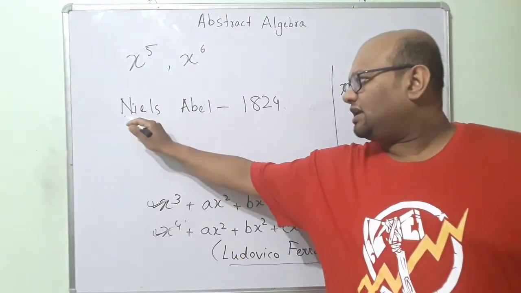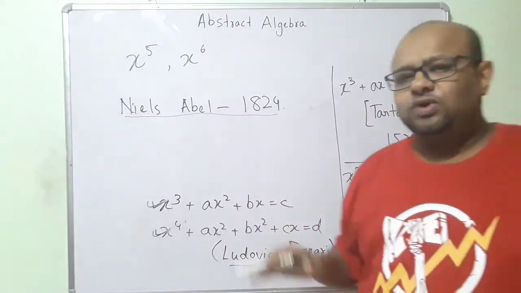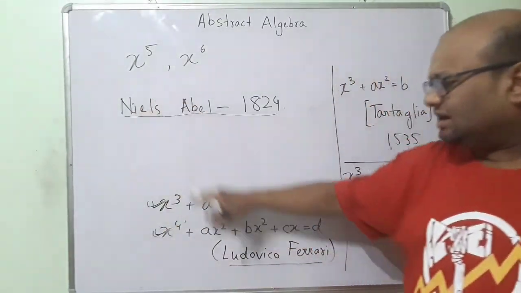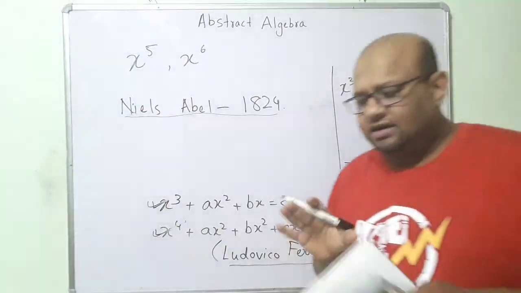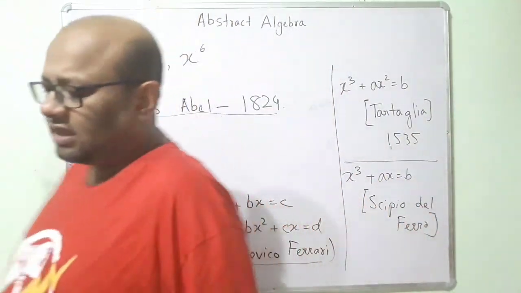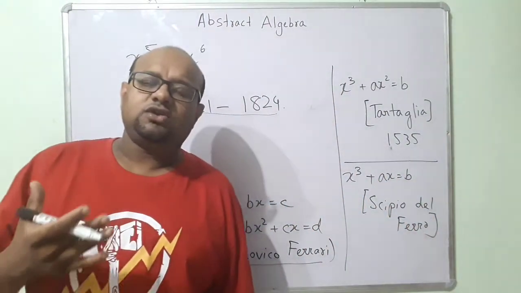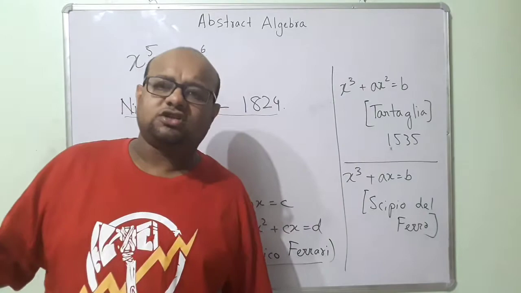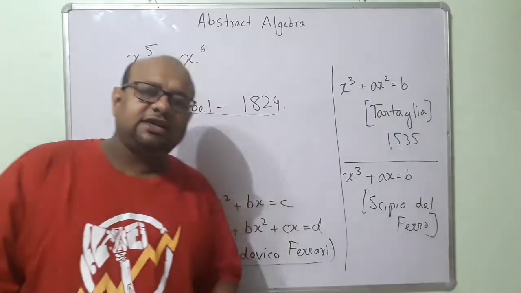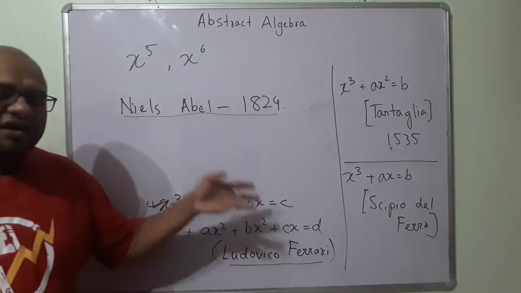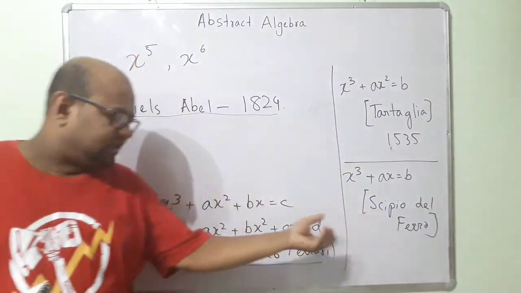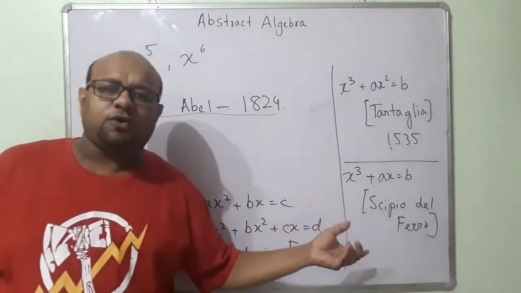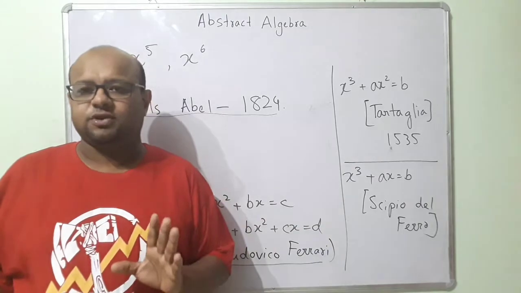That was proven by Niels Abel. So with that, this kind of algebra kind of stopped. There was nothing to discover. Of course there are lots of things to discover in algebra, but this race to discover a formula to solve polynomial equations of this form stopped.